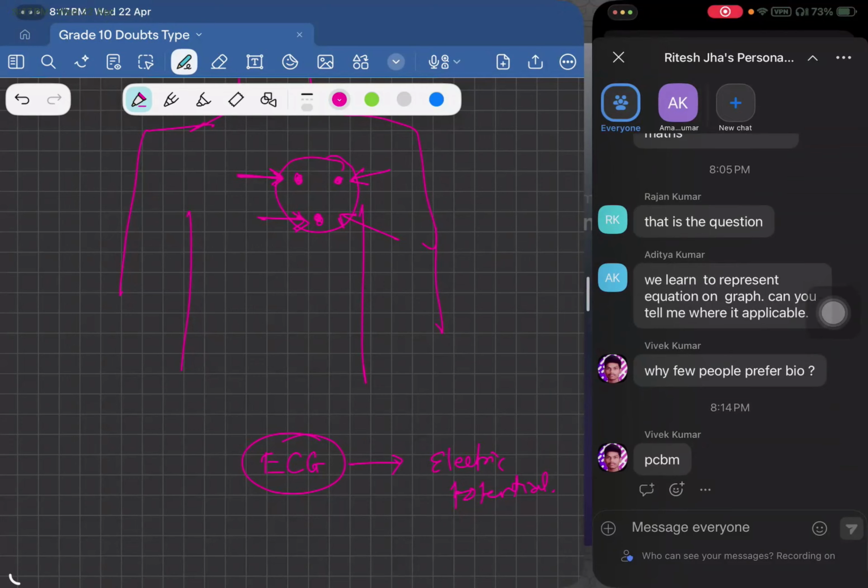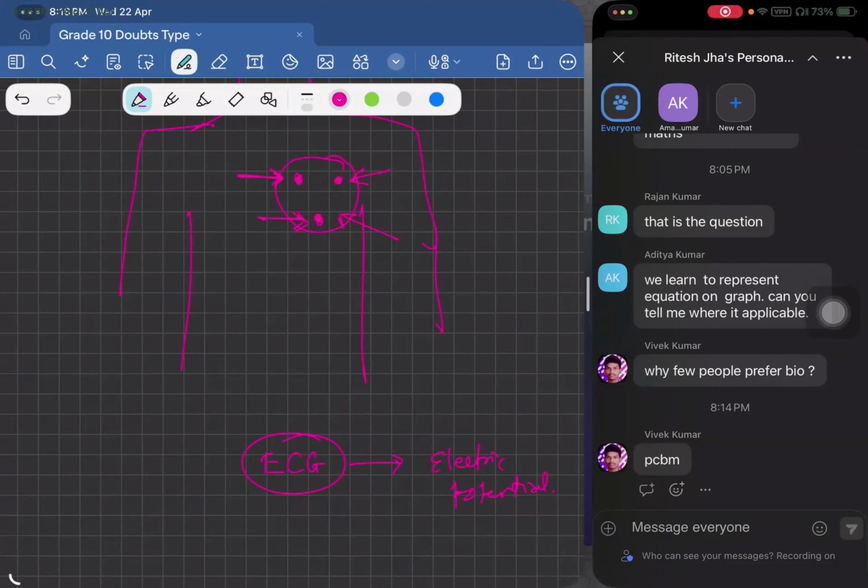Here only one question which I could rate as the higher level of intelligence was the use of equations on graph in our real world context. Whatever you are learning, learn with the real world context. Why you are learning? That's the very first thing that you need to crack.